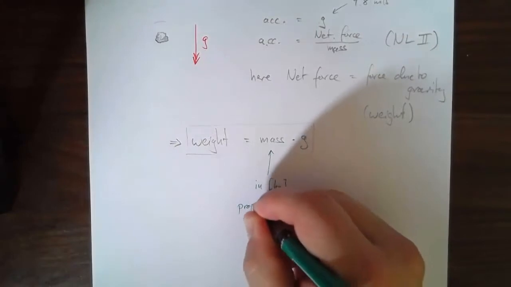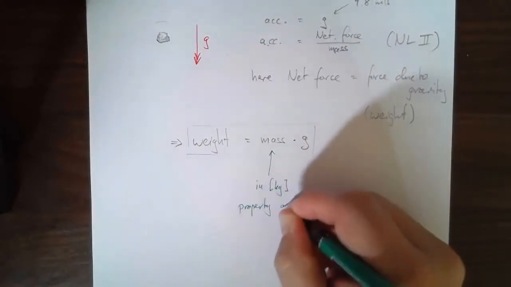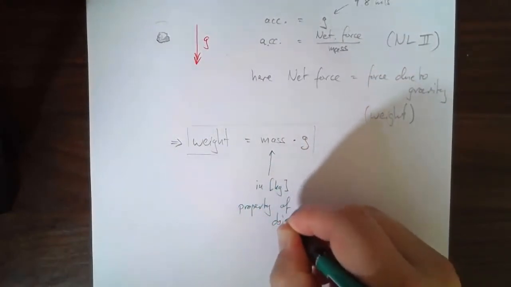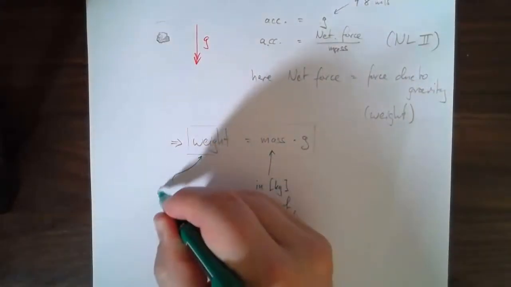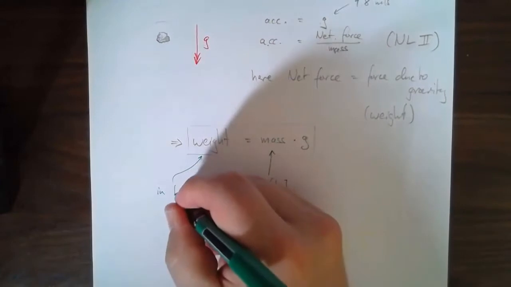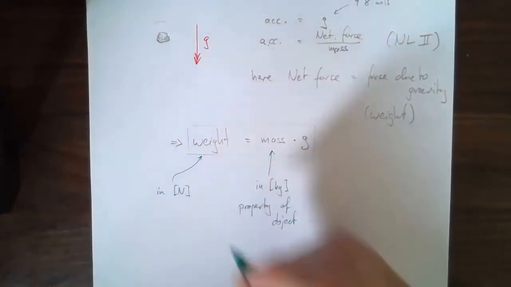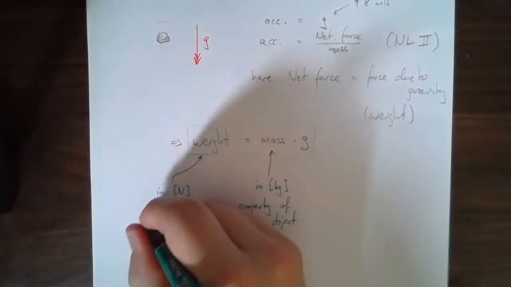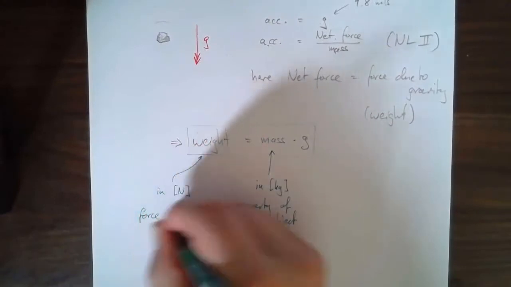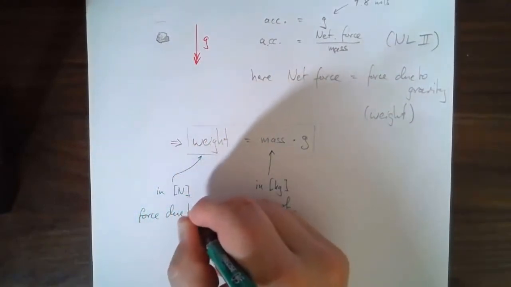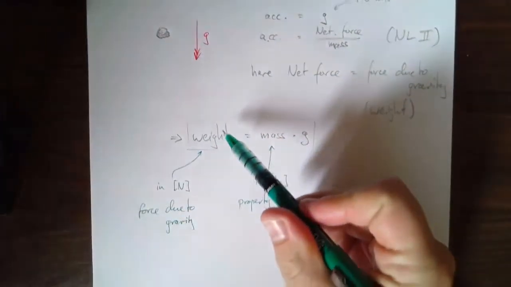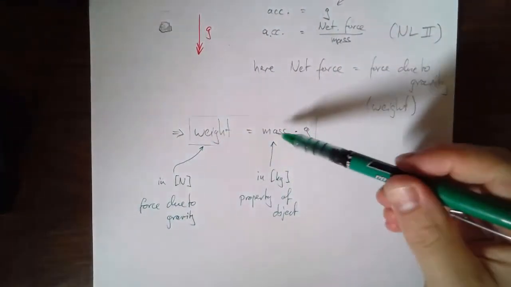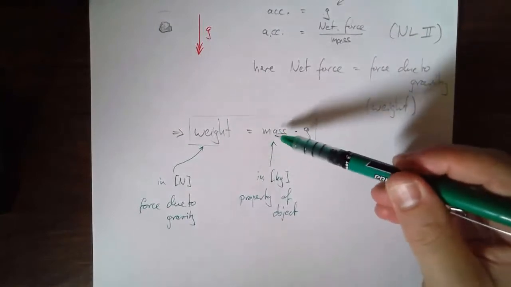Mass is a property of the object, but weight is a force, so it's going to be measured in newtons. It is the force due to gravity. So one is a force, an interaction, the strength of an interaction. One is an inherent property of the object.